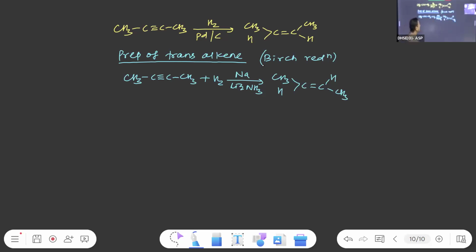So these are the steps to prepare alkene starting from alkyne.